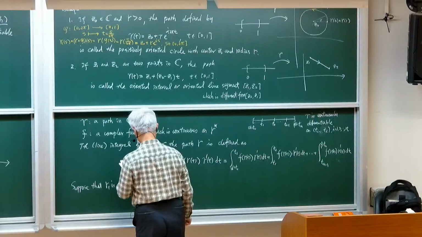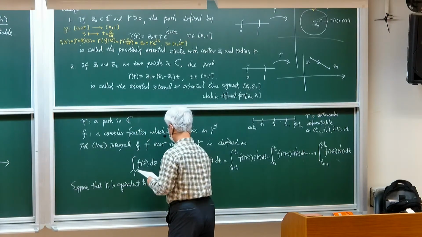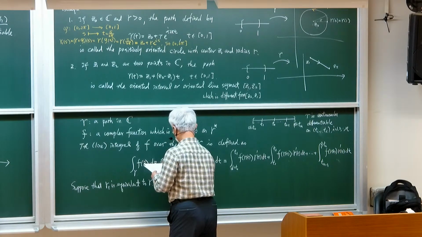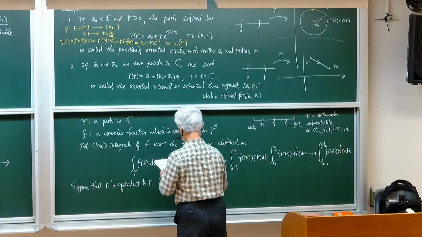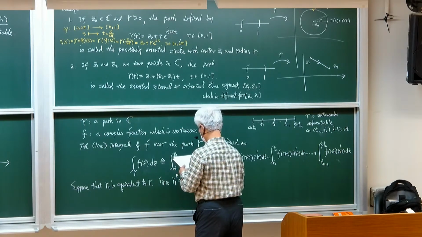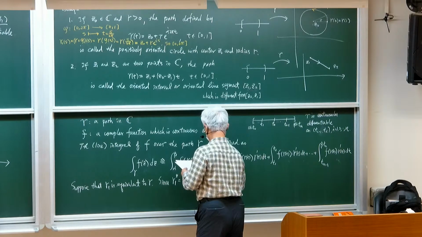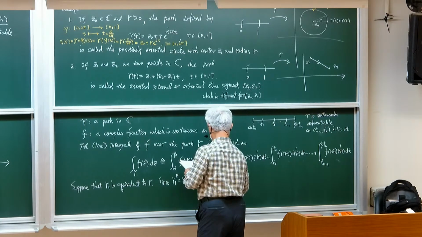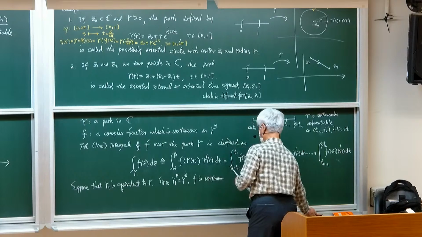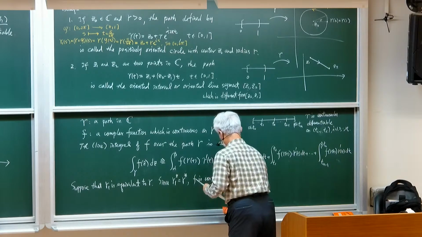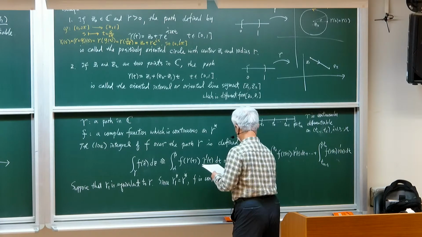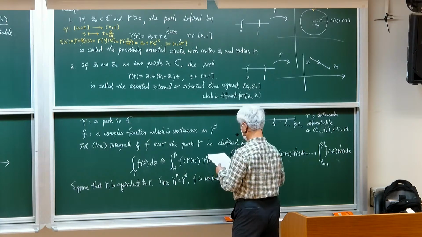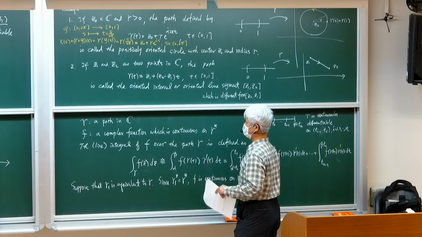Since gamma 1 star is equal to gamma star, F is also continuous on gamma 1 star.